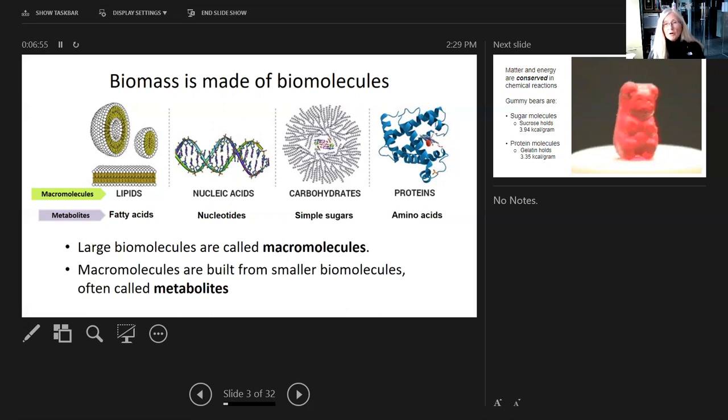The monomer, or the metabolite, would be simple sugars, right? Just those single ring sugars would be what these are composed of. And then the proteins, where the metabolites are the amino acids. So amino acids go into making proteins, and they are released when proteins are broken down. So remember those, because you will see that as we put this all in a larger context, we're going to go both ways with these.